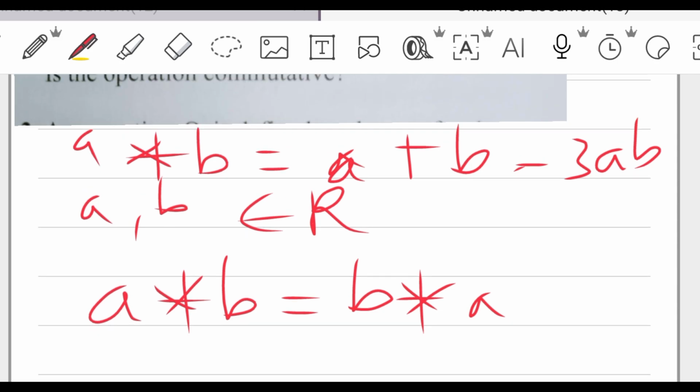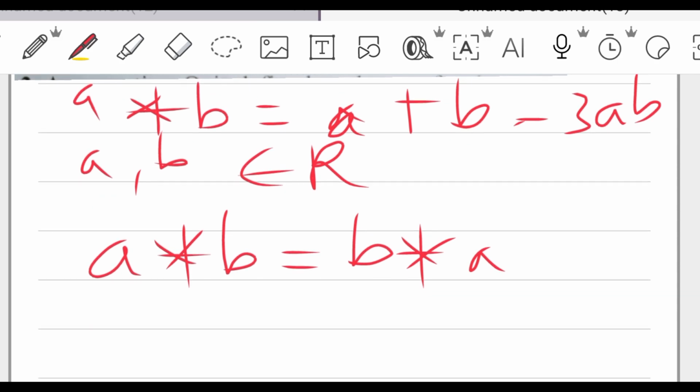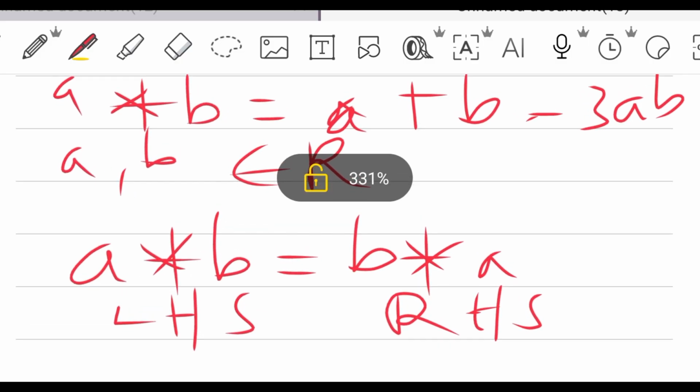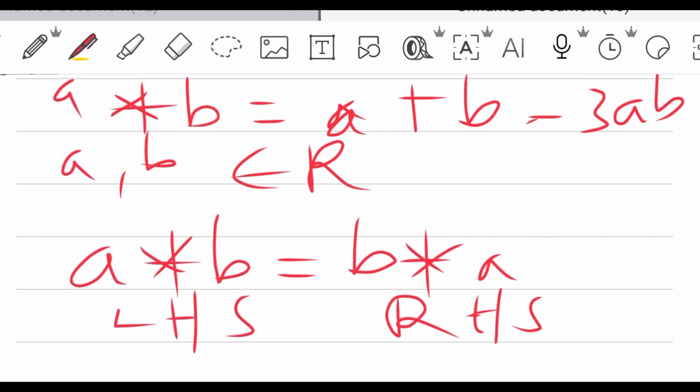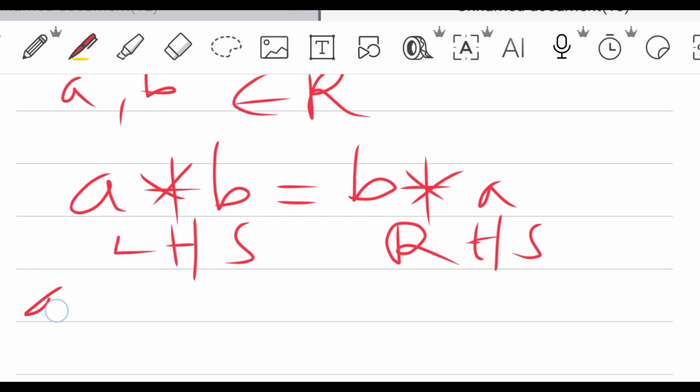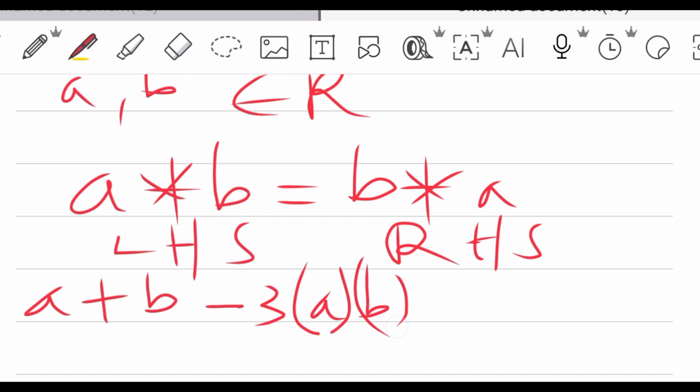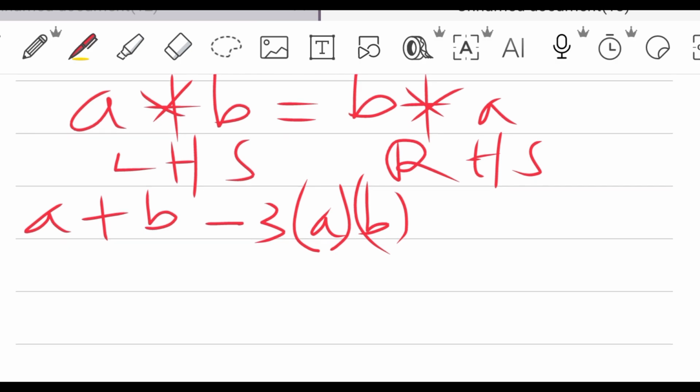So for us to do it straightforward, what do we get for the left hand side? According to the rule, we add the first term and the second term, then we subtract 3 times the product of the first and the second term, right? So that's for the left hand side.